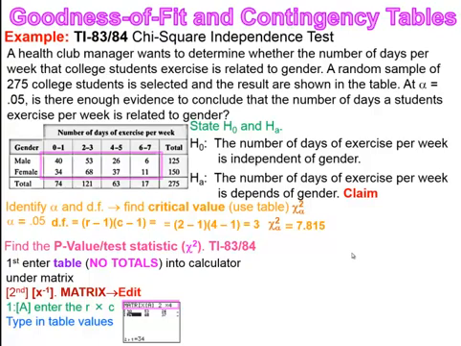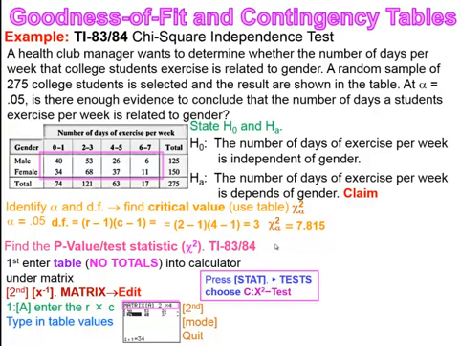The 2 times 4 means that you have 2 rows times 4 columns. Now that you have the data entered, you're going to quit to go to the main screen. To do this, press second mode, and above mode you see the word quit. That will get you to the main screen.